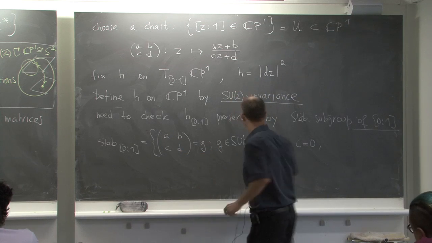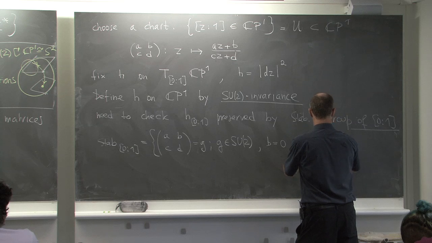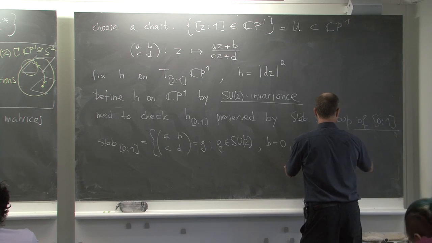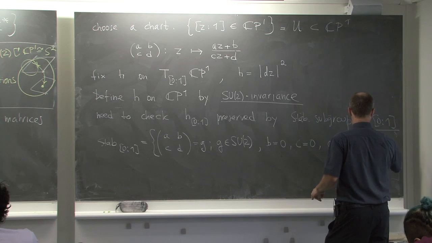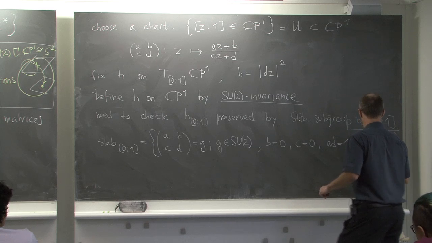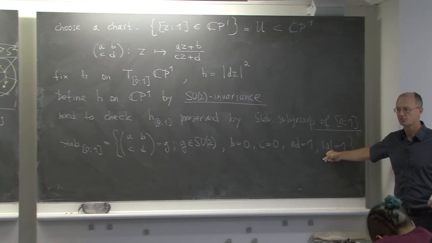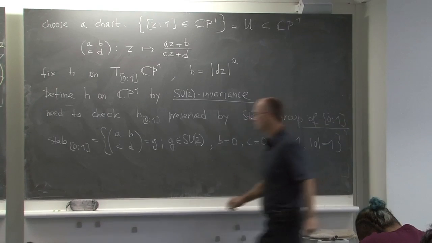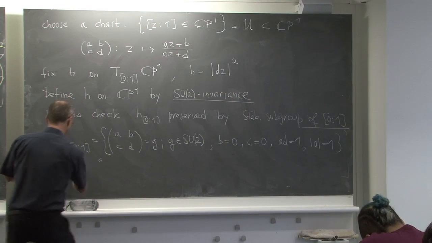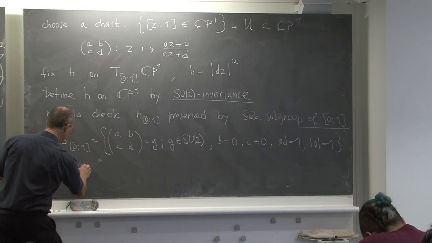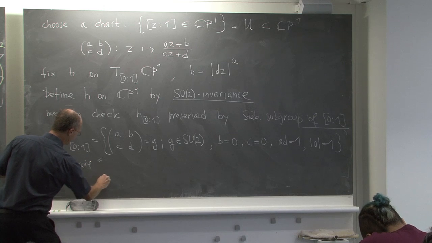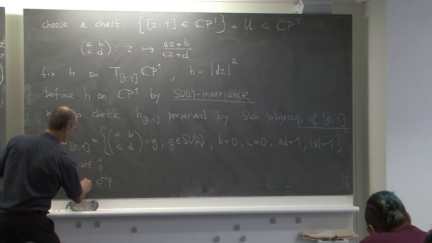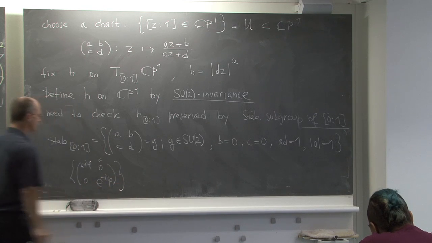Since it's unitary and the determinant is equal to 1, we have AD equal to 1, and the absolute value of each of them is also equal to 1. So that's the subgroup with entries exponential i phi, exponential minus i phi, 0, 0.